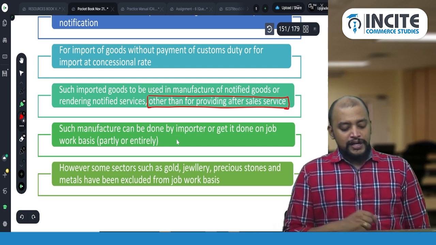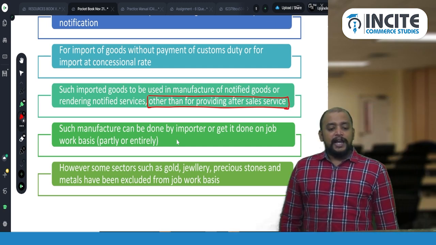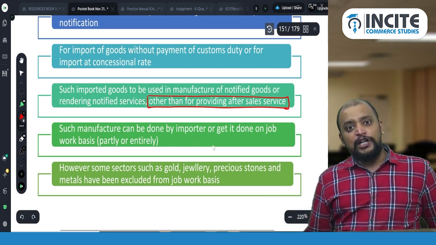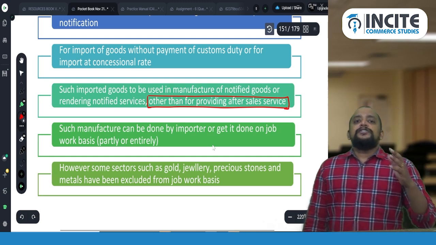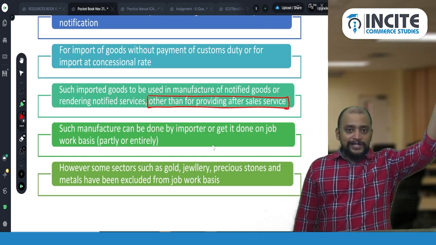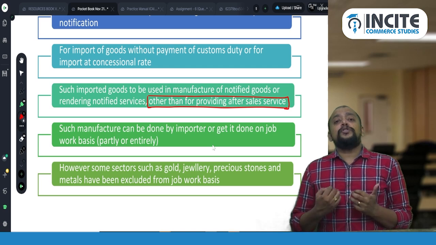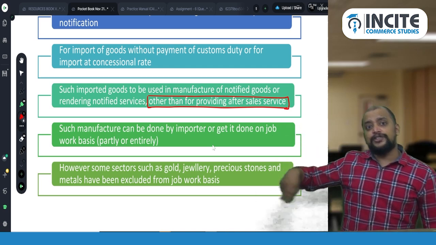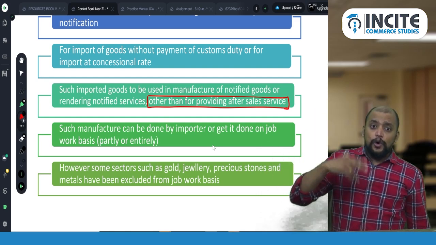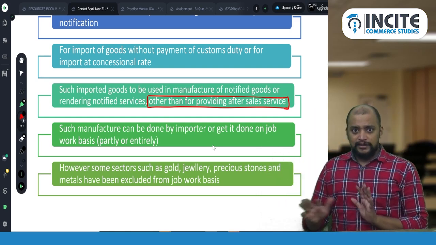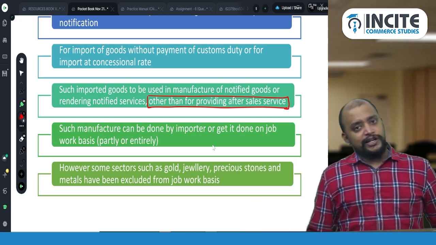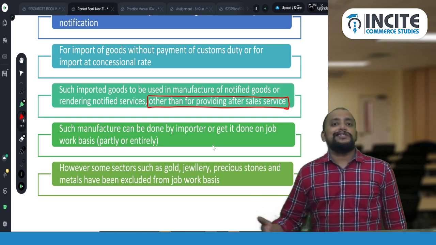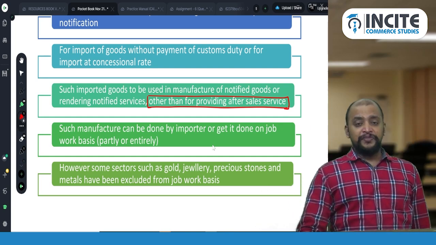Okay. Now, such manufacture can be done by the importer or got done on job work basis. What is that? For the COVID vaccine, some goods are imported. Either the one who imports it can manufacture, or can get it manufactured on job work basis, either wholly or partly. Okay. Previously this was not there. Only the one who imports should manufacture, but now they can send it on job work basis also.